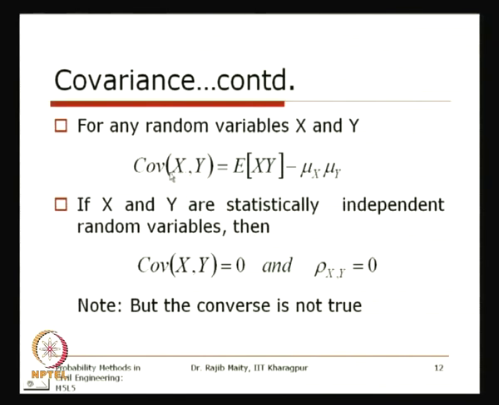So this is what is shown here: covariance of x and y is equal to expectation of xy minus mu x into mu y.